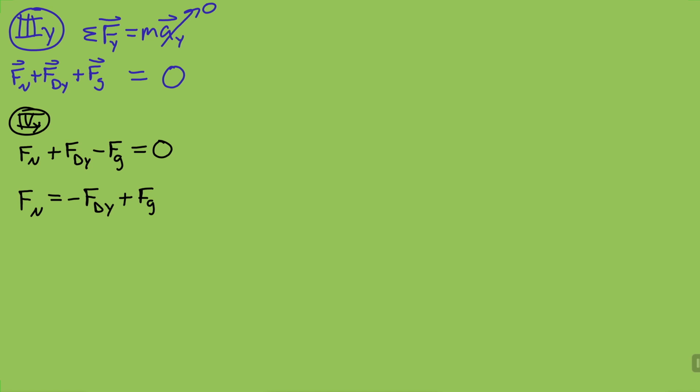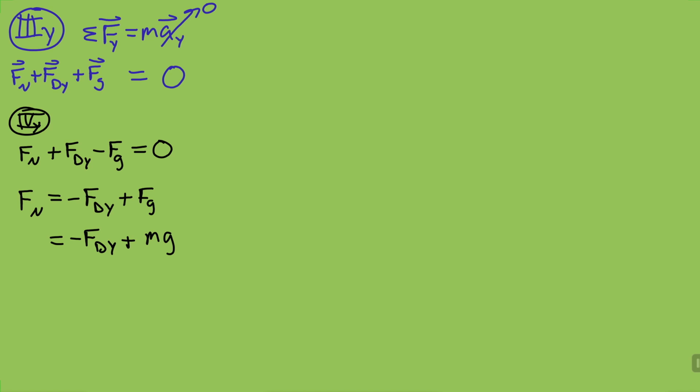So F sub dy is a number I already know. I figured that out in step 0. F sub g, I've got to sub in my formula for what that actually is. So minus F sub dy plus, instead of F sub g, this time I'm going to write mg, because that's your formula for the force due to gravity, which is also called the weight.